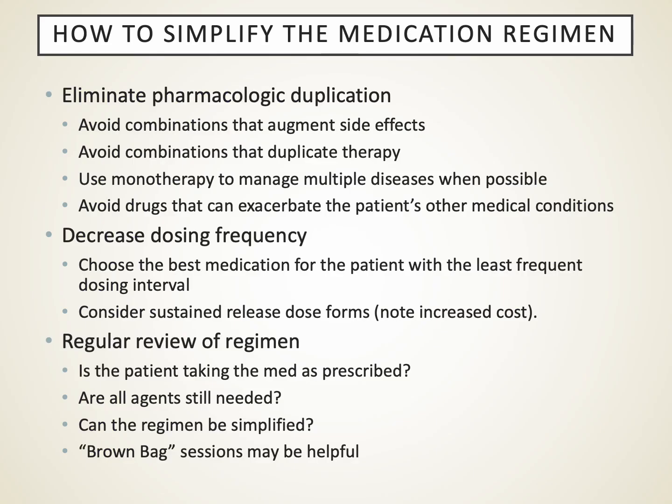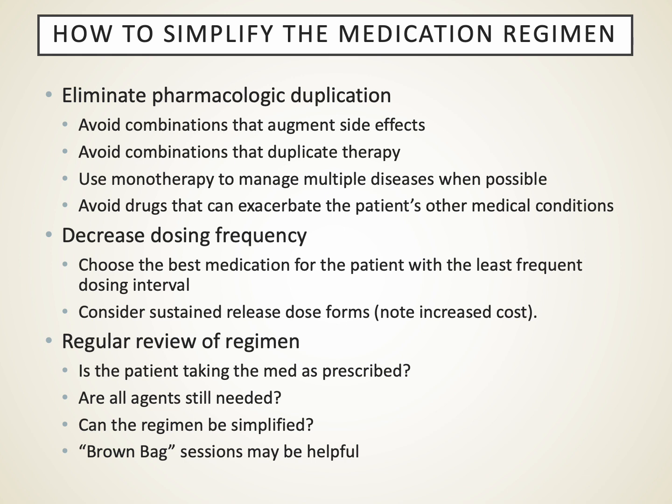Finally, simplifying regimens is more difficult than it would seem. You want to eliminate pharmacologic duplication whenever it's possible to do that. You want to look at decreasing the dosing frequency to once a day, and you want to periodically look at the regimen and ask, is the patient still taking it?